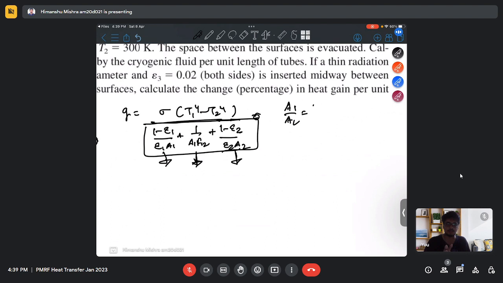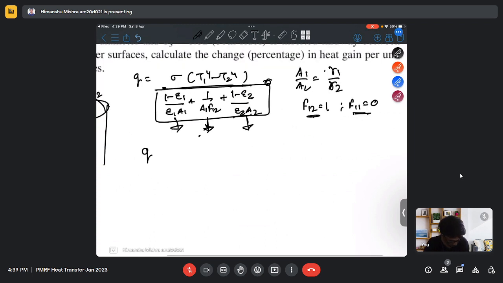So for the long circular cylinder, we can write area A1 by A2 as R1 by R2, and my shape factor F12 will be 1 because my shape factor F11 is 0. So by the summation rule, I can get F12 equals 1. So this relation gets modified to, let's say I'm multiplying and dividing by A1.